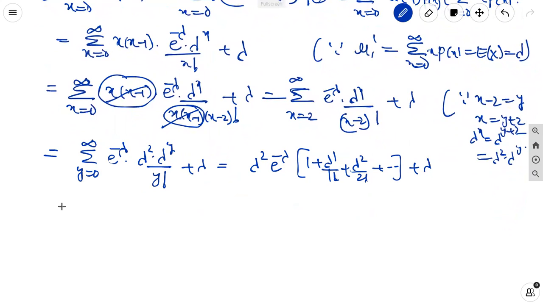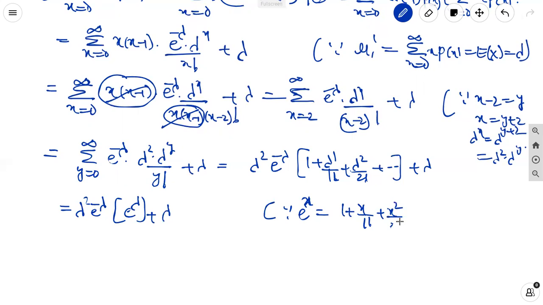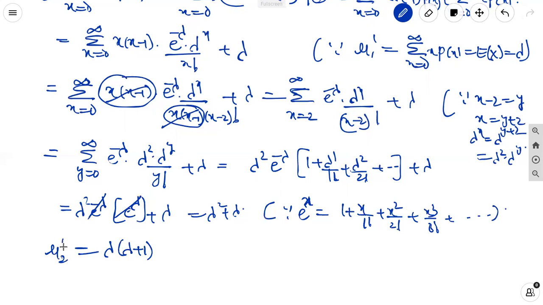It is nothing but e power minus lambda, lambda square as it is, times the expansion of e power lambda, plus lambda. Why? Because we know that e power x is equal to 1 plus x by 1 factorial plus x square by 2 factorial plus x cube by 3 factorial. It is the basic of the intermediate. So these two get cancelled. We are getting lambda square plus lambda. That is nothing but lambda into lambda plus 1, the second moment about the origin. That is mu 2 dash is equal to lambda into lambda plus 1.